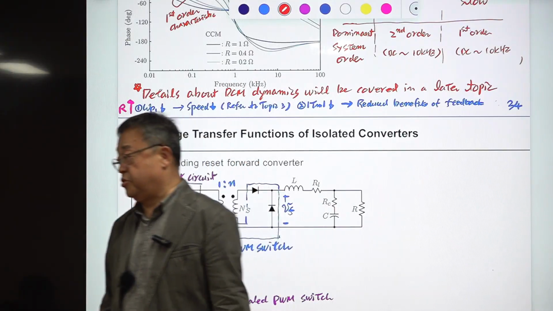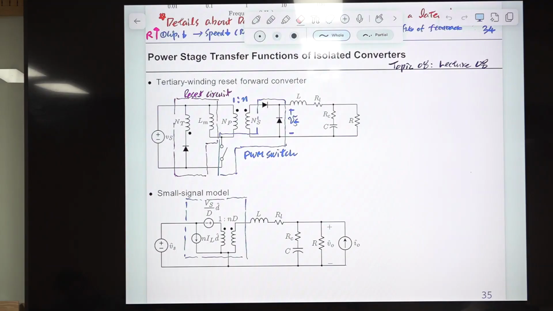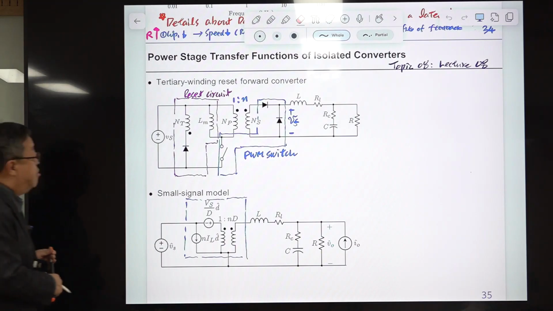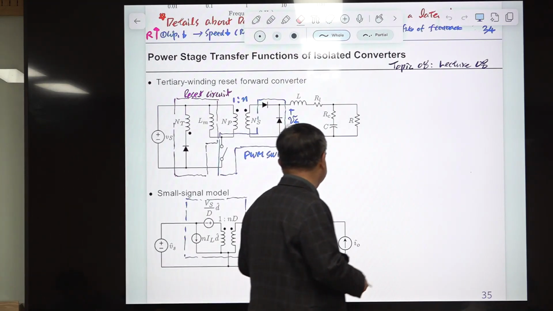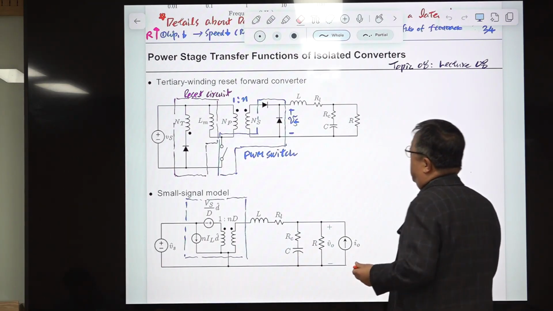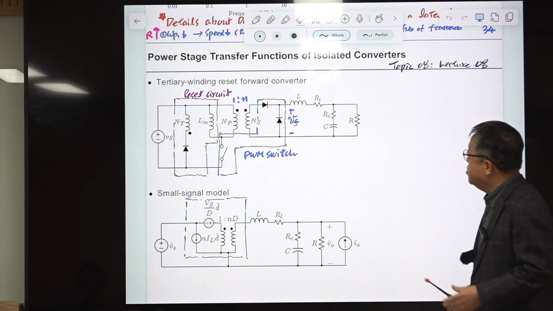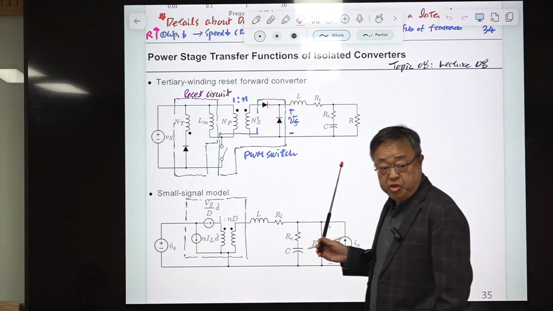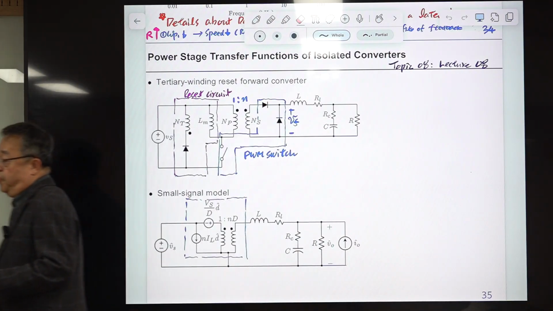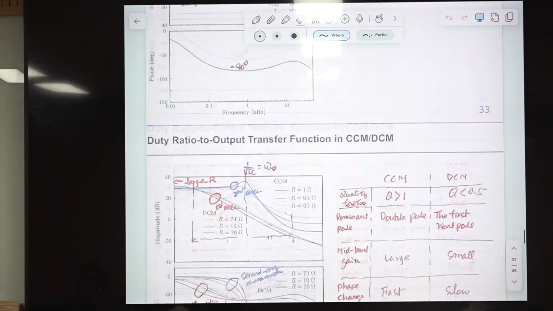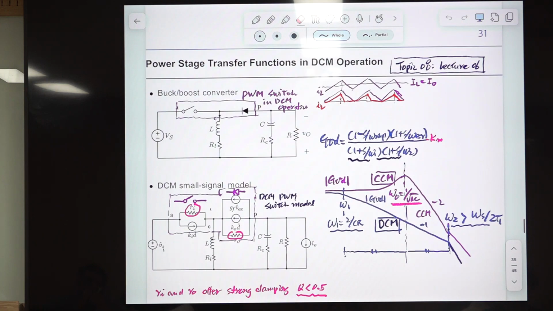See you next Tuesday. We are about to discuss the small signal model, or frequency response of the small signal model, of isolated PWM converters. But before that, I'd like to remind you of one thing.